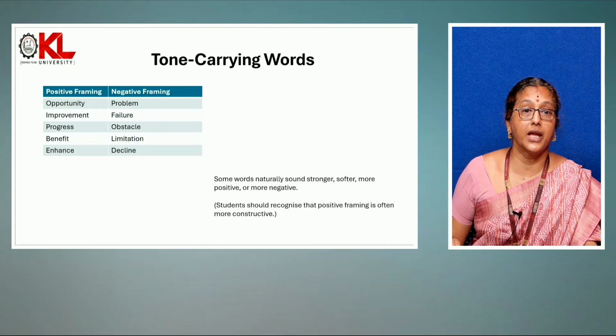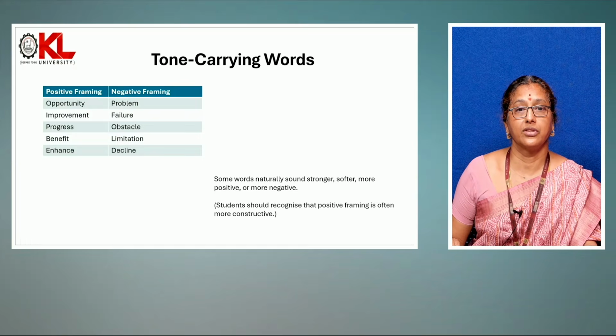Then instead of saying negatively obstacle, progress, positive way of looking at it. Limitation, benefit. Decline, enhance. Some words naturally sound stronger, softer, more positive, or more negative. You should recognize that positive framing is often more constructive.